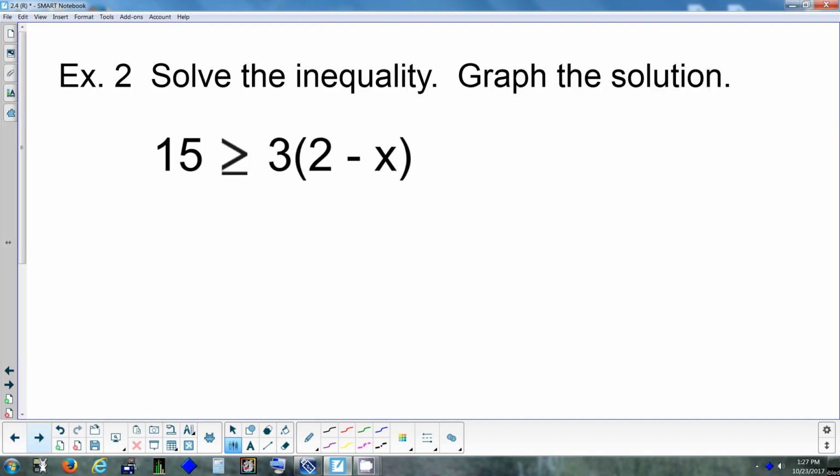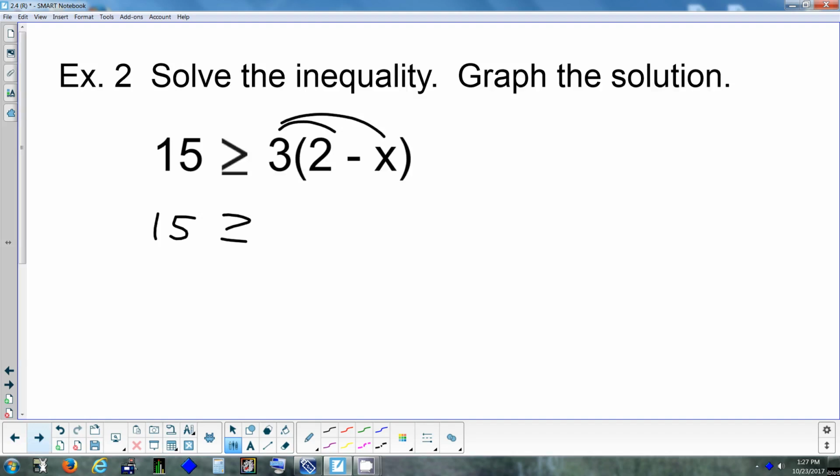What does this problem have that the last one didn't? Yes, Josiah? It's got parentheses, and how are we going to deal with that? What property do we need to use? Yep, Savannah? We're going to have to distribute. That's first step, distribute out there.